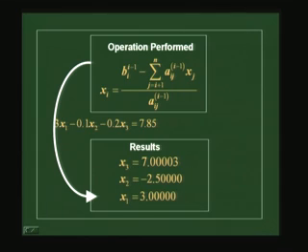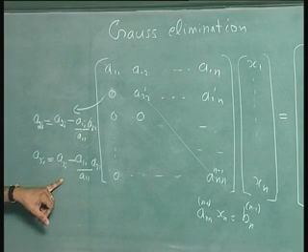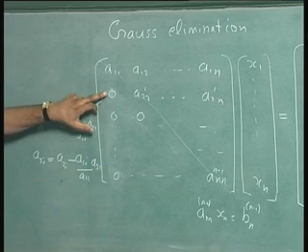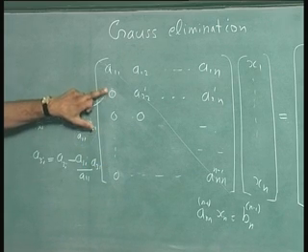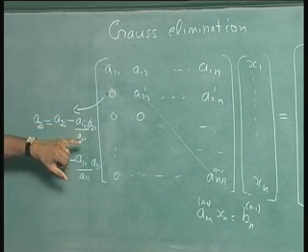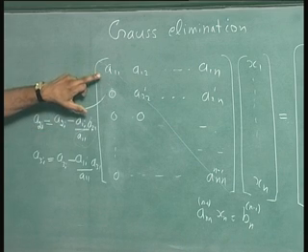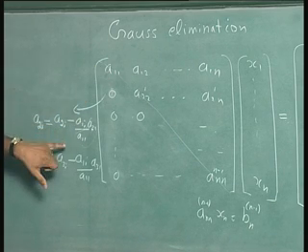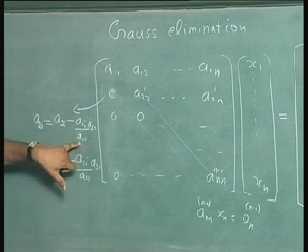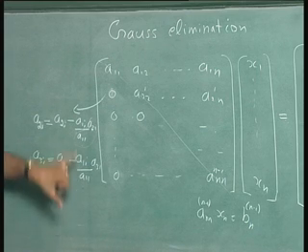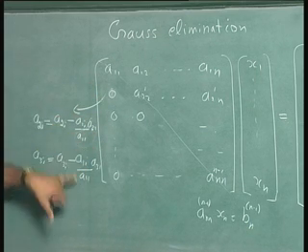Right. So in the process, what we see is that when we eliminate columns, for all the elements in this particular column, we need to multiply this row by a quantity which is A21 by A11, A31 by A11, etc. But they all have denominator A11.